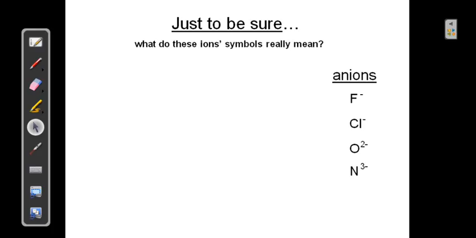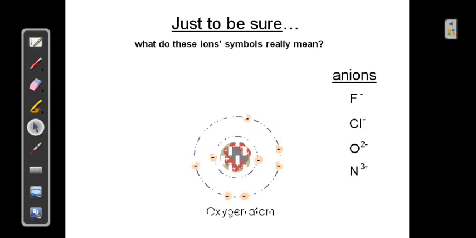So what does this negative sign mean then? Let's have a look. Now this is an oxygen atom, and you know very well oxygen, number 8, has 8 protons and 8 neutrons.